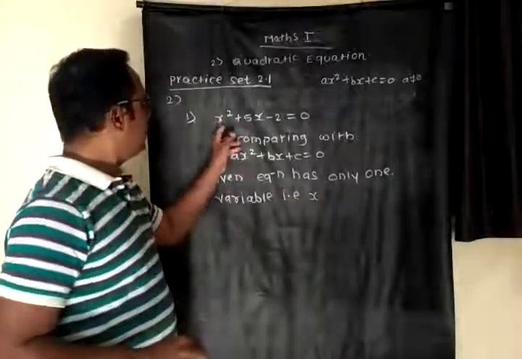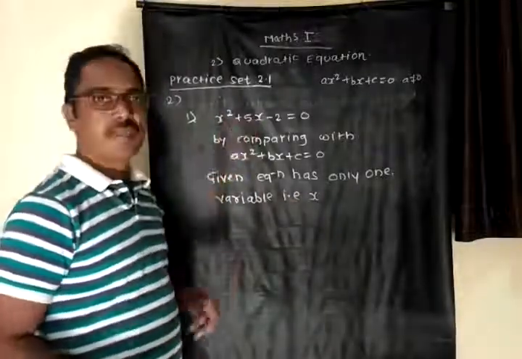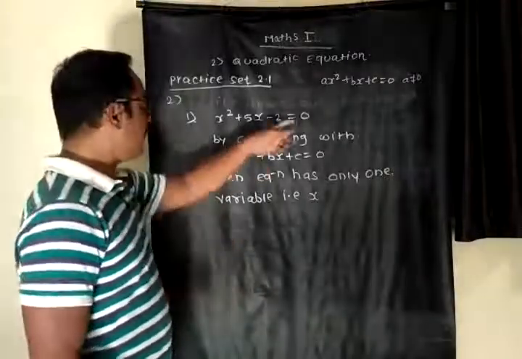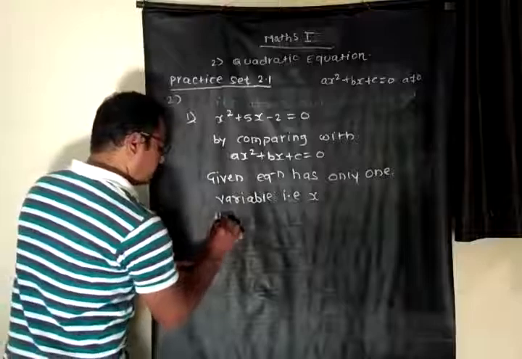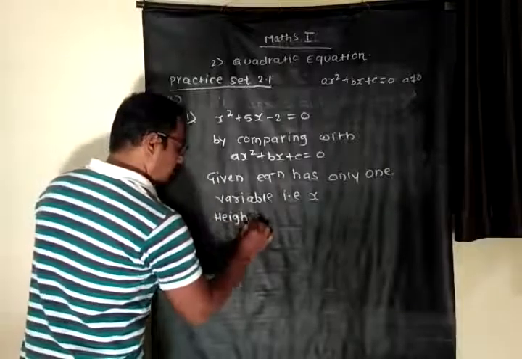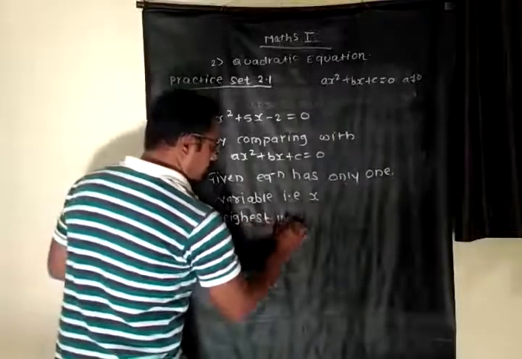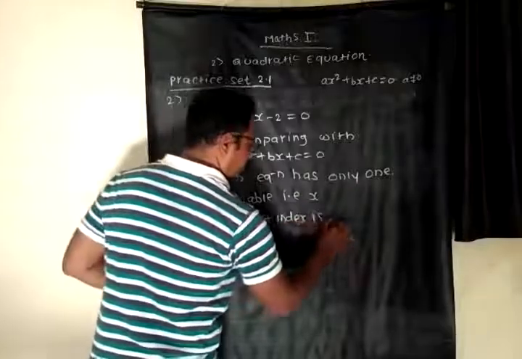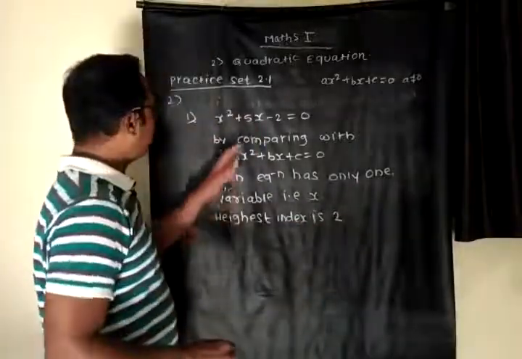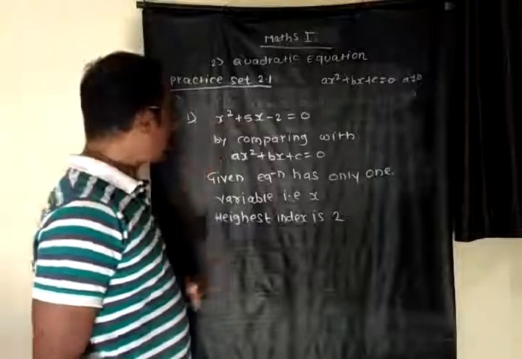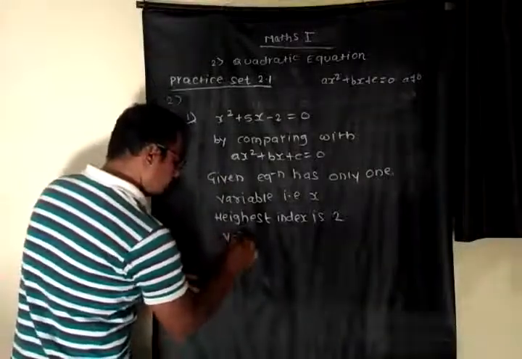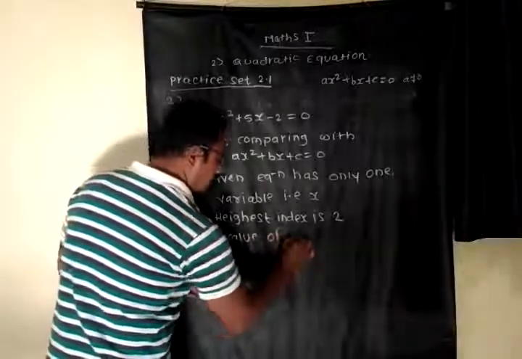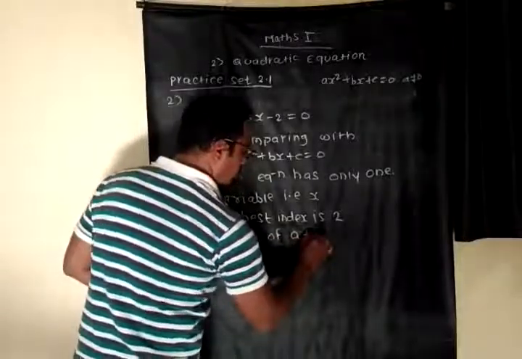Also the highest index of this equation is 2, and the value of a is not equal to 0.